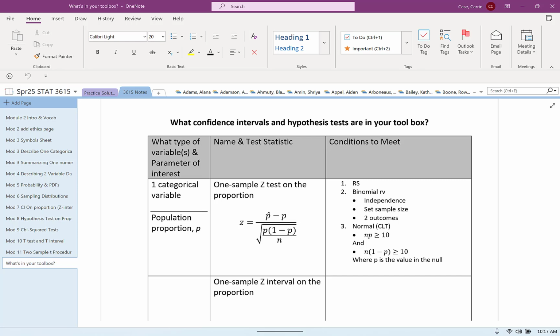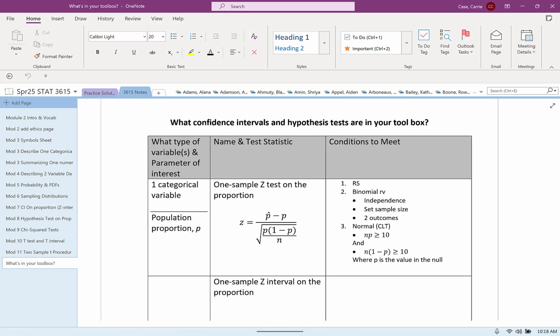So the first one is the one sample Z test on the proportion. And we have one categorical variable when we're doing that test, and we're interested in testing the population proportion P. The conditions that we have to meet are random sampling, a binomial random variable.